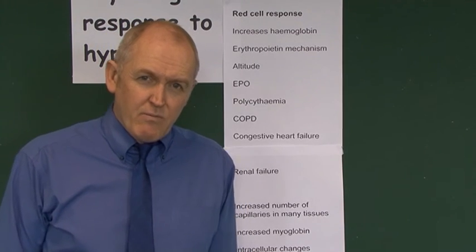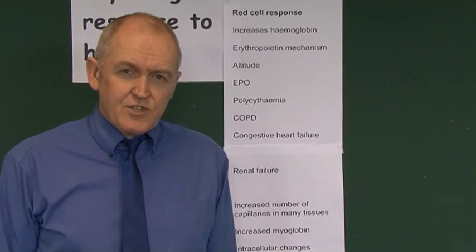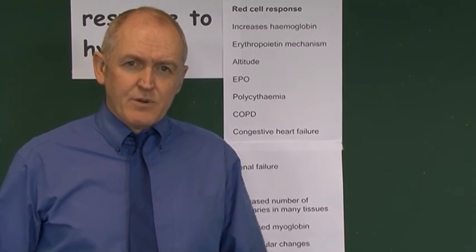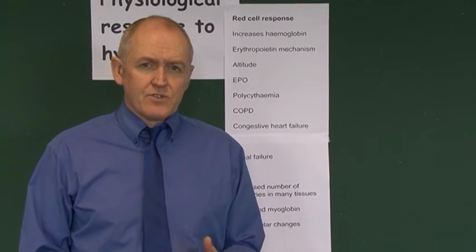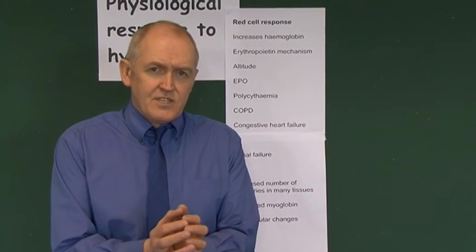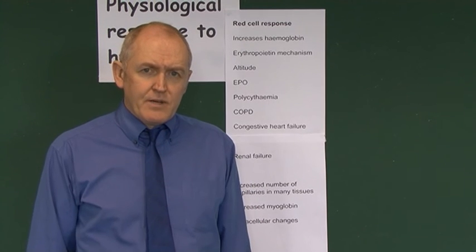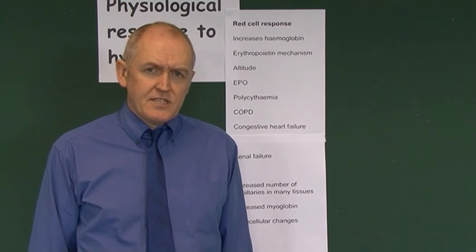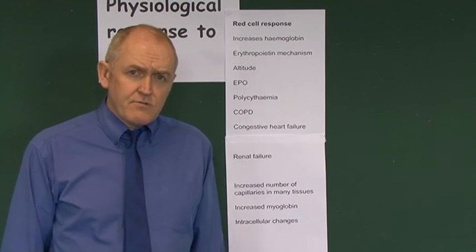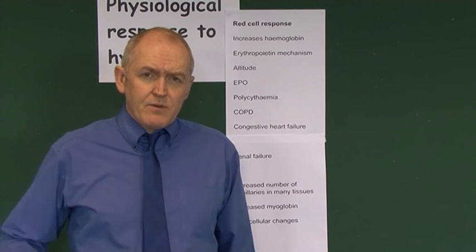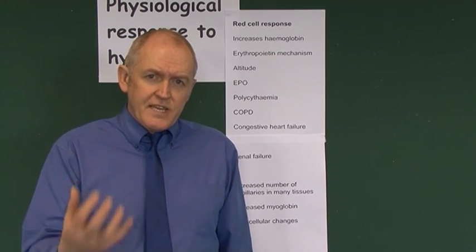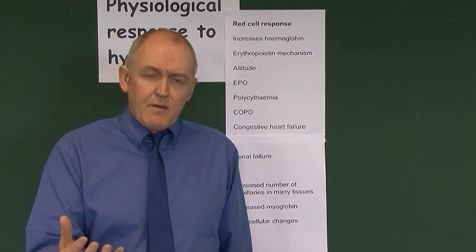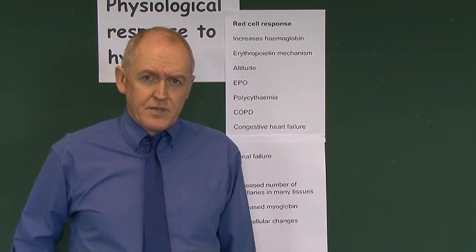But actually, probably, most of the changes to hypoxia that allow people to adapt to low oxygen levels are intracellular changes. There are biochemical mechanisms that change inside the cells. And these are currently being studied. People have gone to altitude and studied the effect that the chronic hypoxia of altitude has on the body.